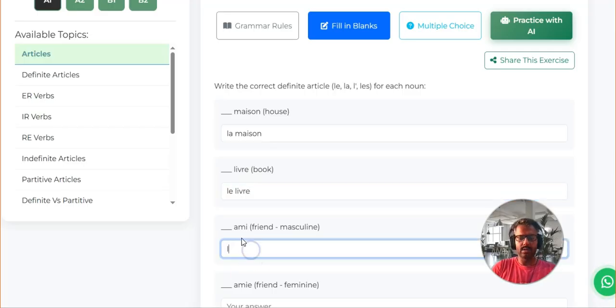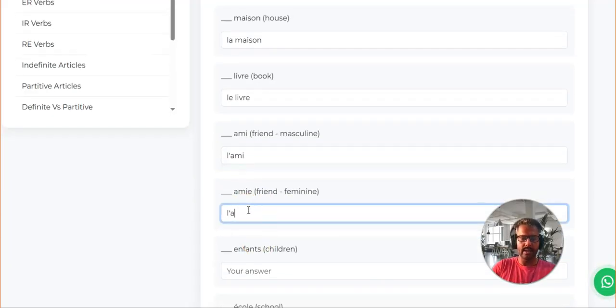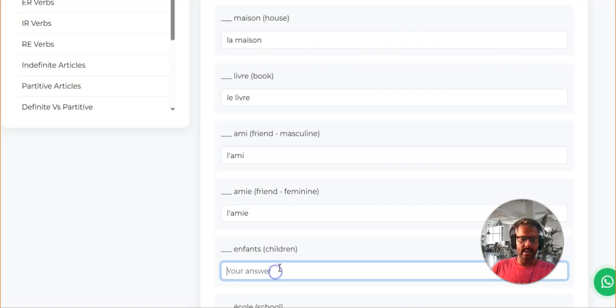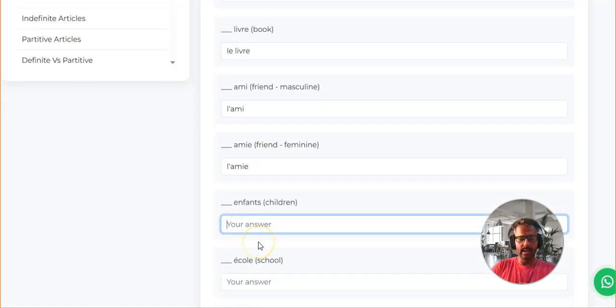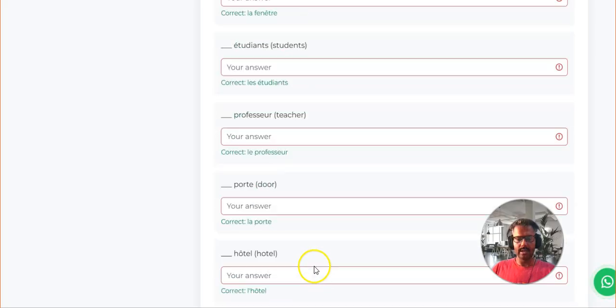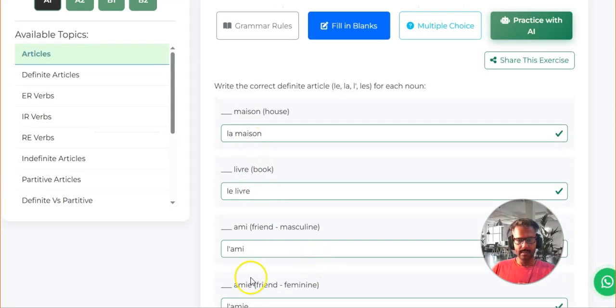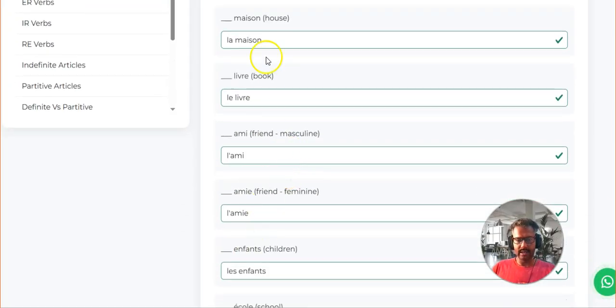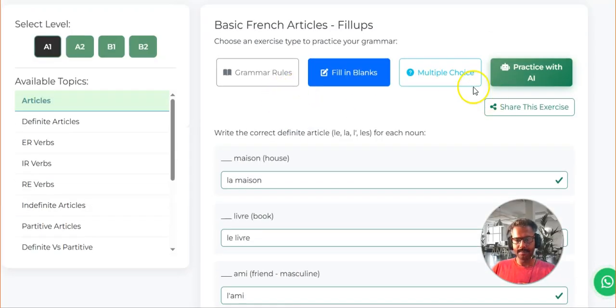And l'ami, you have to start with the L apostrophe, because it starts with a vowel. Same l'ami here. And enfants, children, plural, so les enfants, ou bien des enfants. And then you can just check all your work. Just for practicing, guys, you have to learn them by heart.